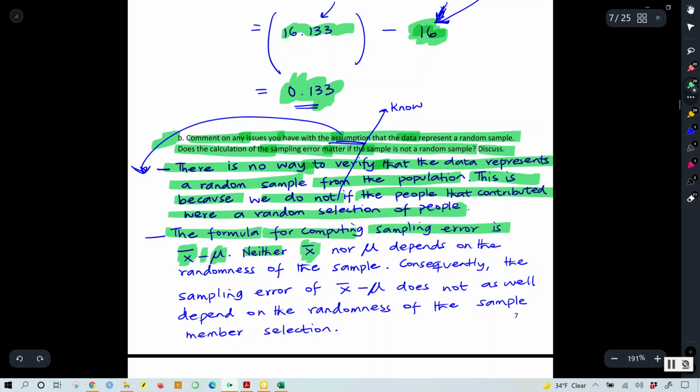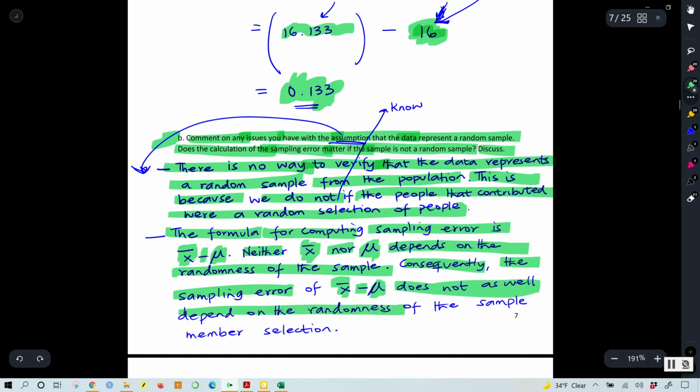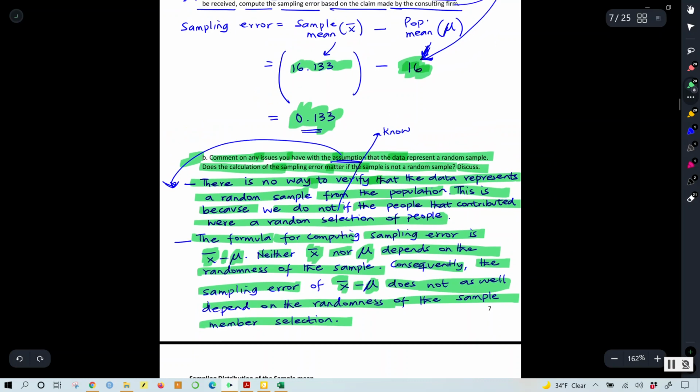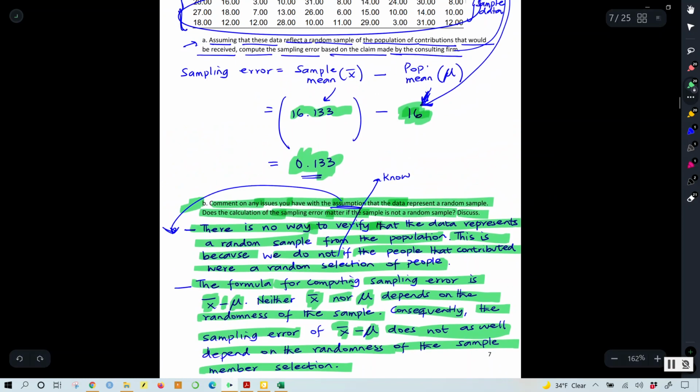Neither the sample mean nor the population mean depends on the randomness of the sample. So as a result, the sampling error, x bar minus the population mean, does not depend on the randomness of the sample member selection either. So that's just something to note whenever we use the formula for computing sampling error.